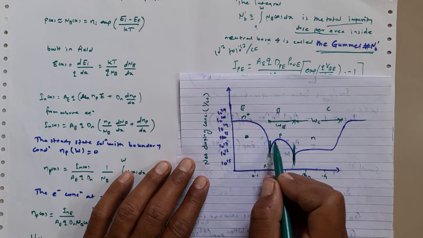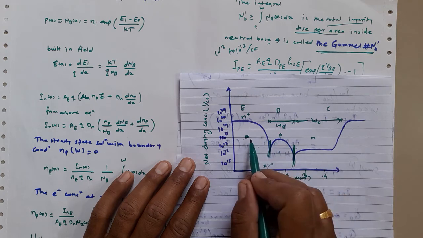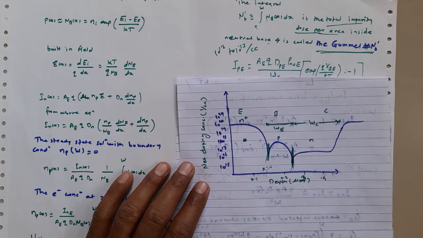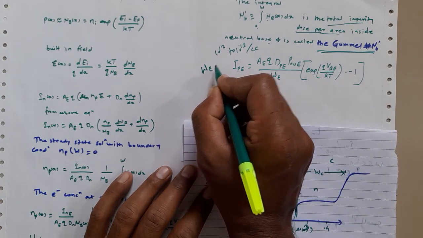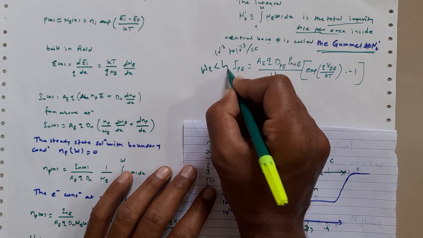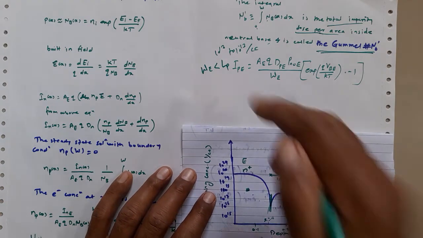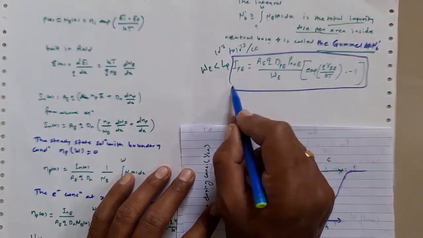The equations governing the hole distribution and current are similar to our general PN junction. We assume that W_E, the width of the emitter, is always less than its diffusion length, and this current is given by I_pE.